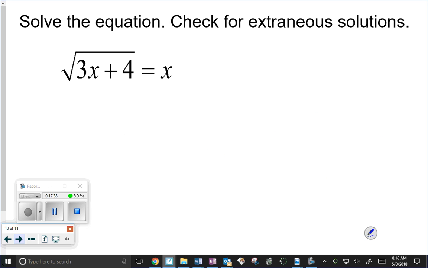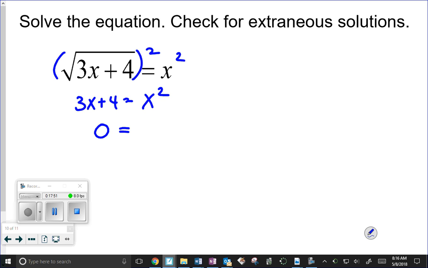That one would work the same way. Square both sides. I'm just going to do this real quick. You don't need to do this one if you don't want to. Just going to do it one more time. So the 3x plus 4 would fall out. Again, I'm going to bring everything to the x squared side. I'm going to factor this. What would that be?